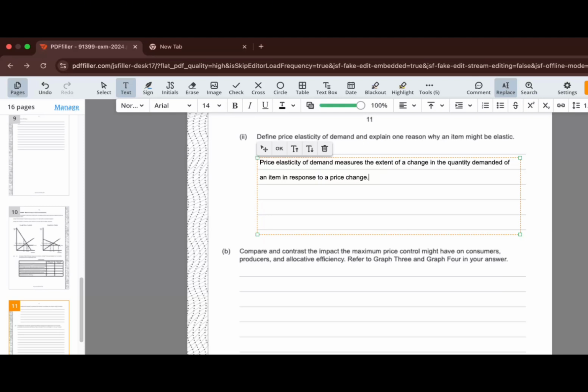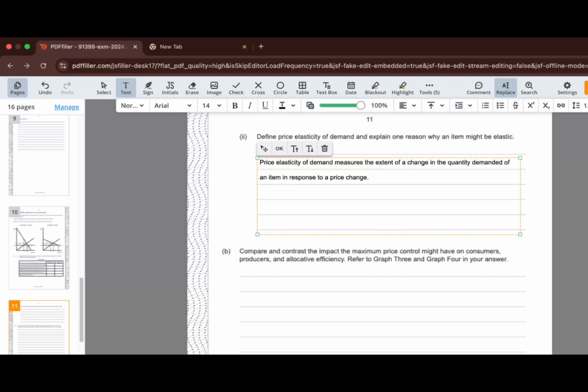Okay, like I said before, guys, an inelastic good would have a lesser response in quantity demanded relative to a change in price, and an elastic good would have a greater response. Okay, so in terms of giving a reason for why a good might be elastic, one reason would be that it's considered a luxury.